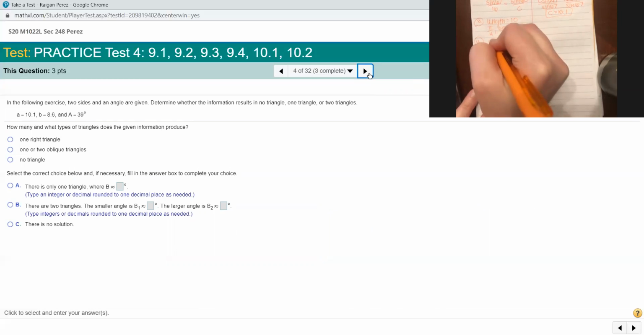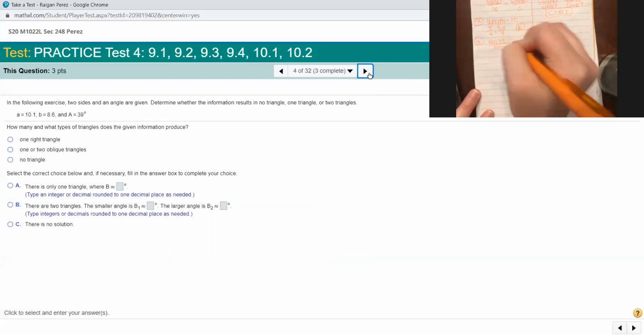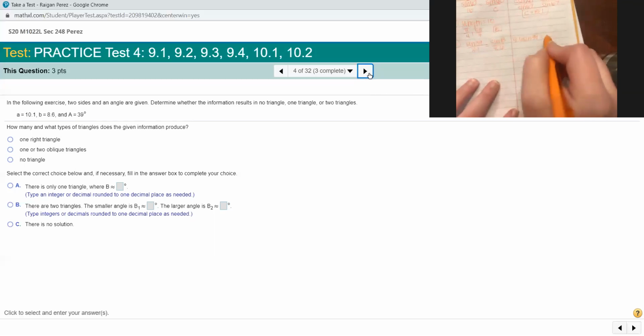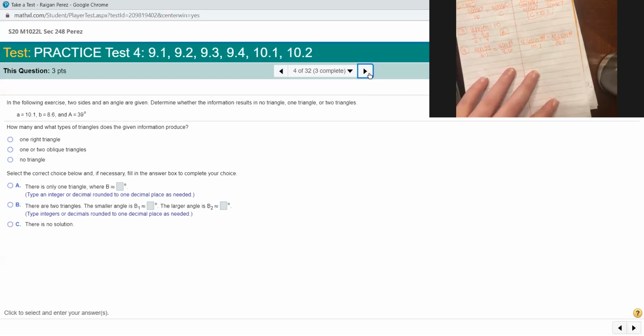So we got sine of 39 over 10.1 is equal to sine of B over 8.6. So do a little math and get 8.6 times sine of 39 is equal to 10.1 times sine of B. Divide by 10.1. So then you're literally putting this in the calculator right here.